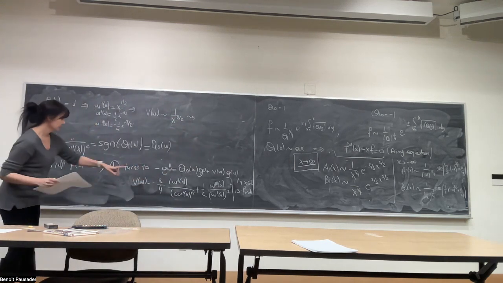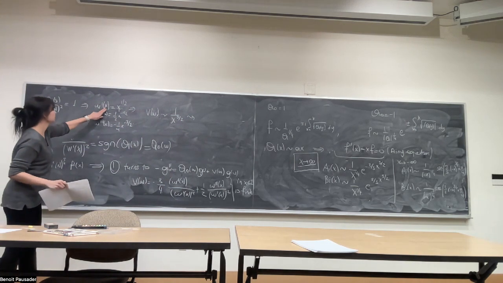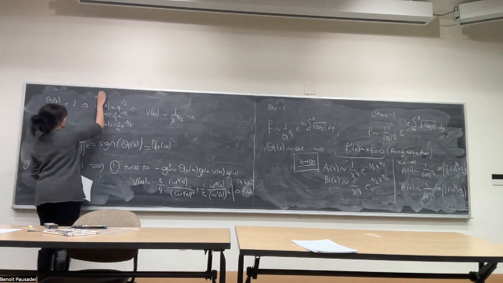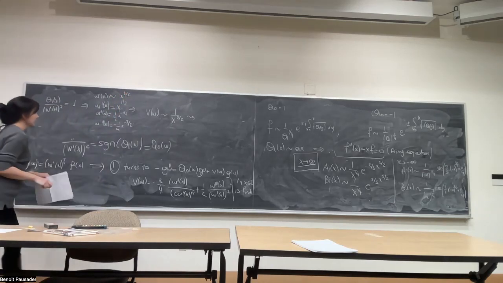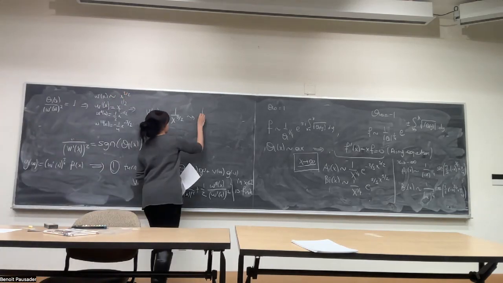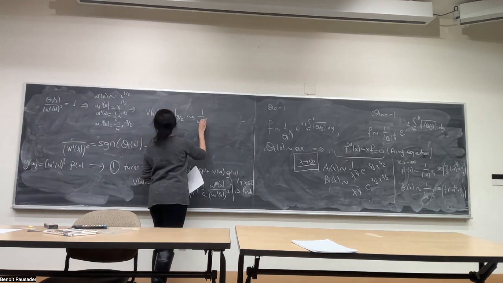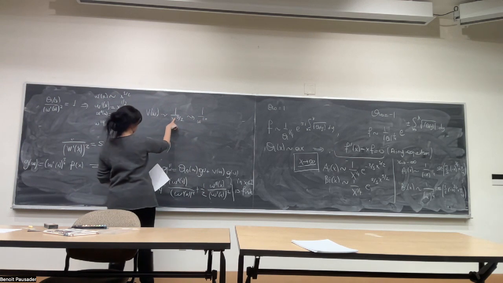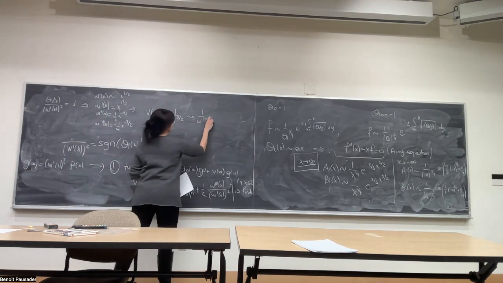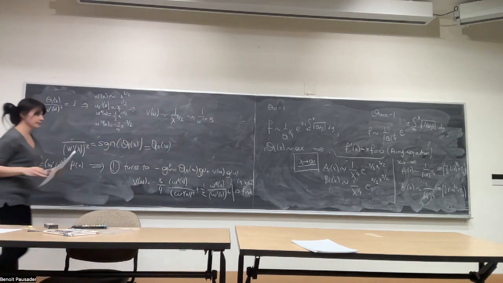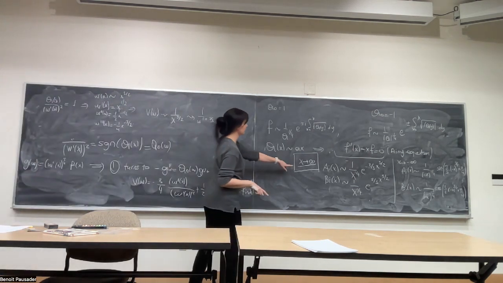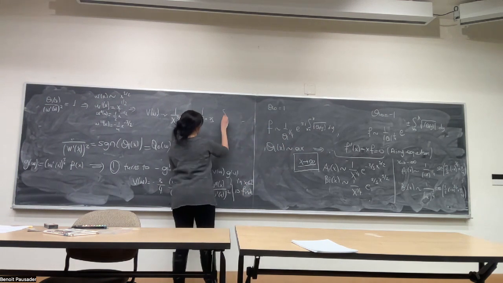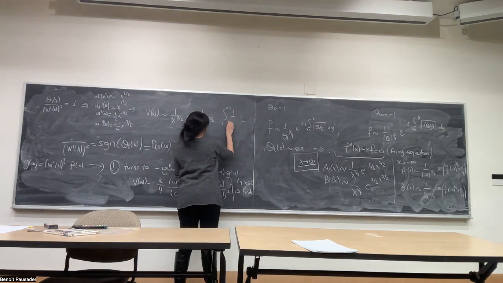And if I want to write it in terms of W, it will be 1 over W to the 1 plus something, which is actually integrable, let's say from 1 to infinity.